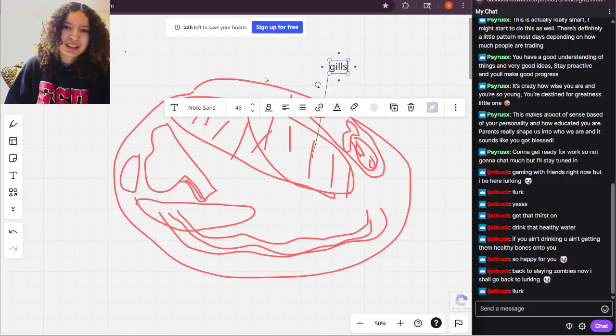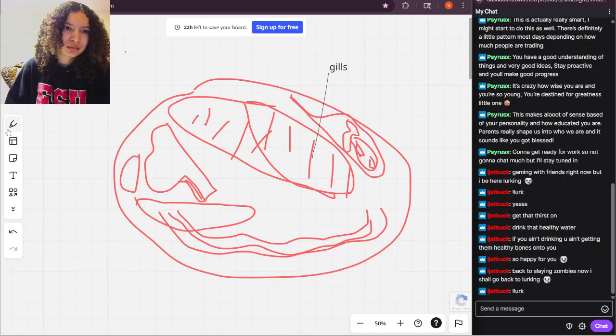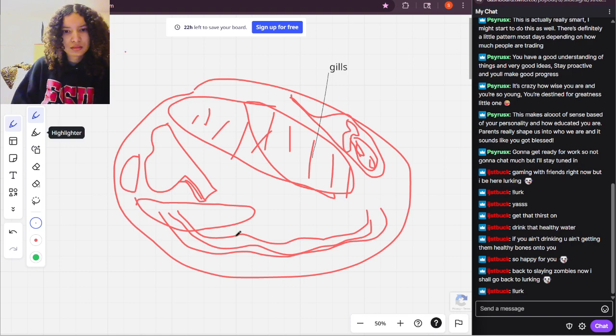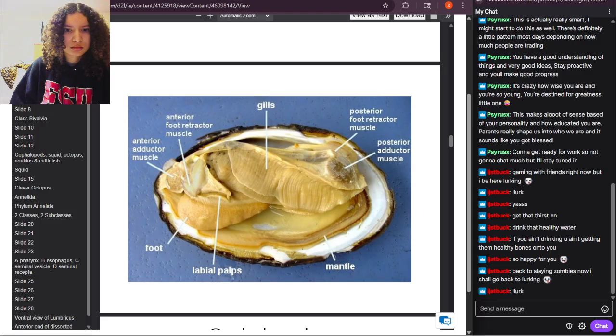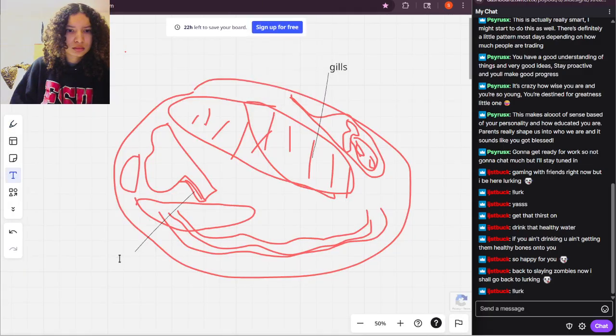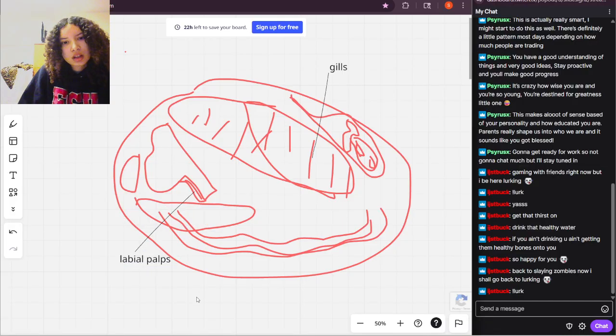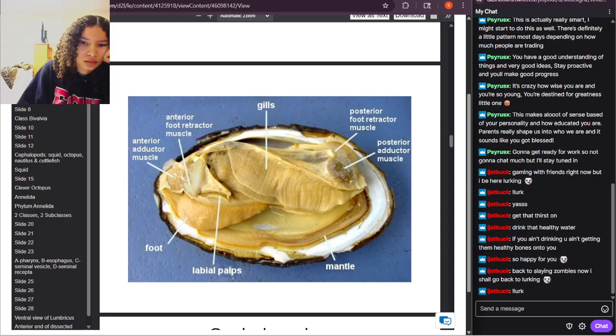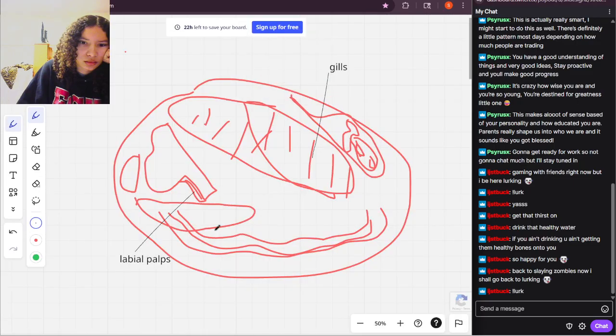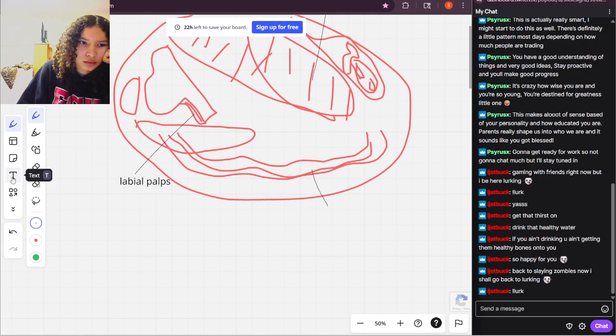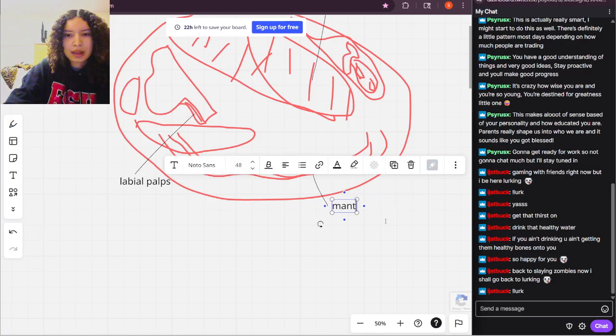These are the gills. So labial palps. Is the mantle.